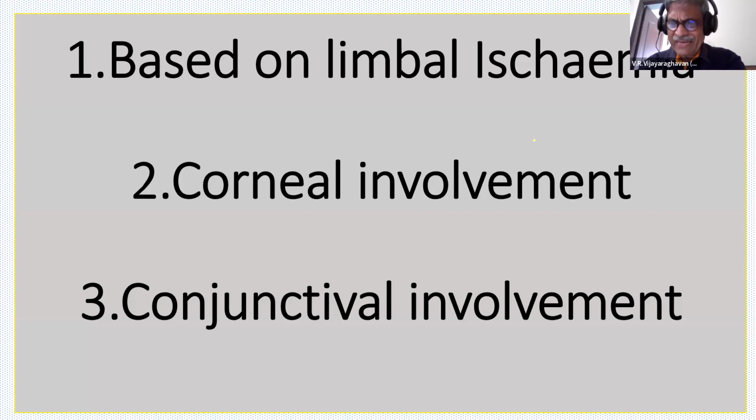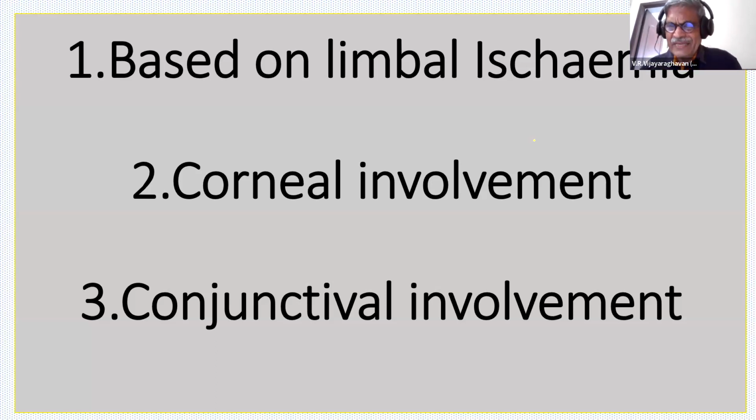Similarly, the extent of conjunctival involvement. What percentage of conjunctiva is involved? Not invaded, involved. That's called conjunctival involvement. These three things you have to see when you are examining the person after washing: the limbal ischemia, the corneal clarity, and the involvement of conjunctiva.